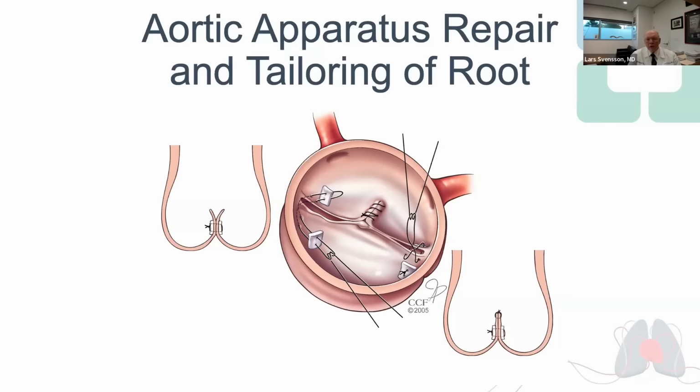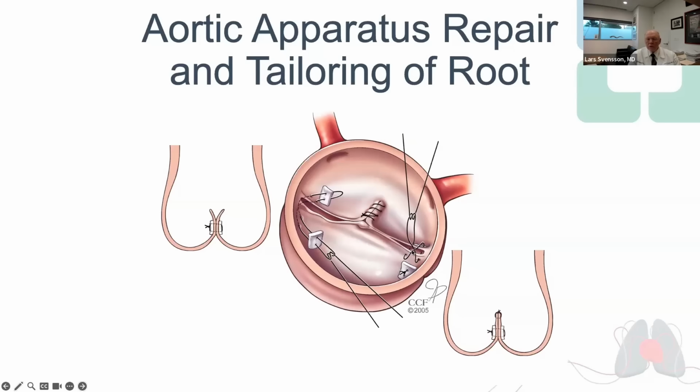Sure. So the raphe usually is over here where there's a fusion. Here you have an incomplete fusion of the leaflets, and then the commissures are over here, and the intercommissural angle is this angle here. And so the Cabral sutures bring that together to narrow that angle, which improves the apposition of the leaflets.